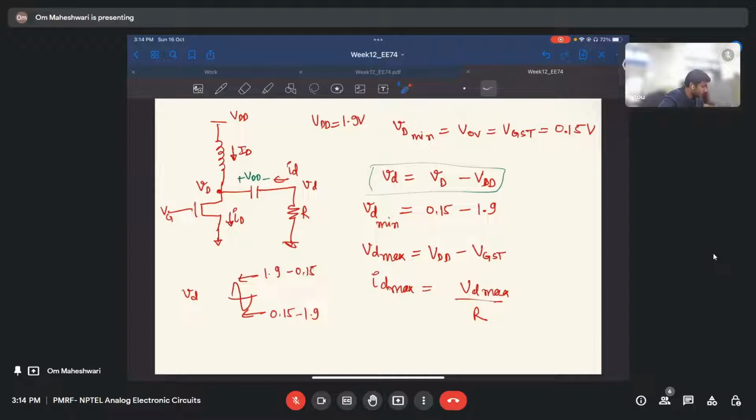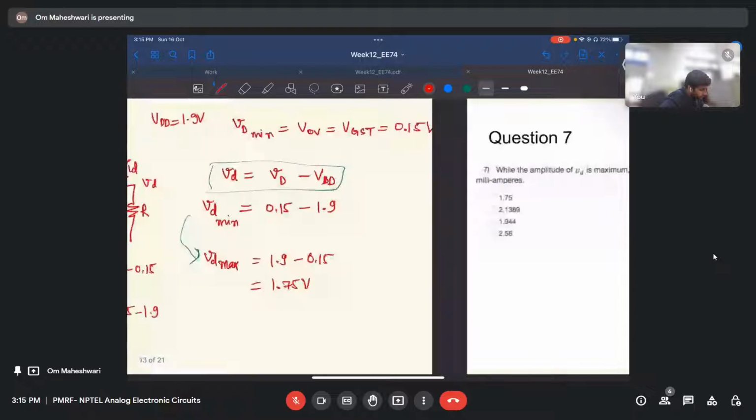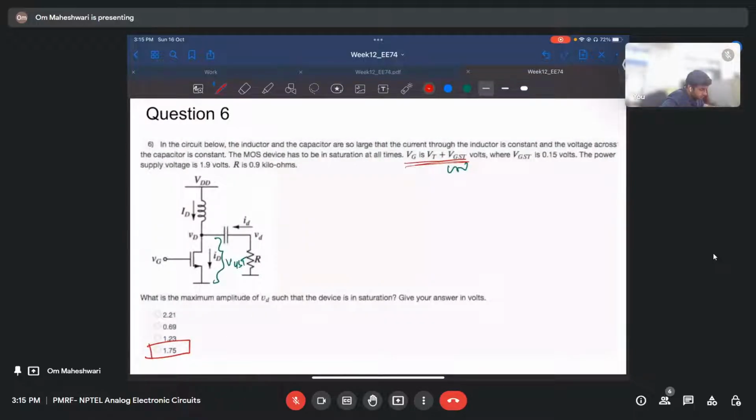So it will be 1.75 by R. R is 0.9 kilo ohms.